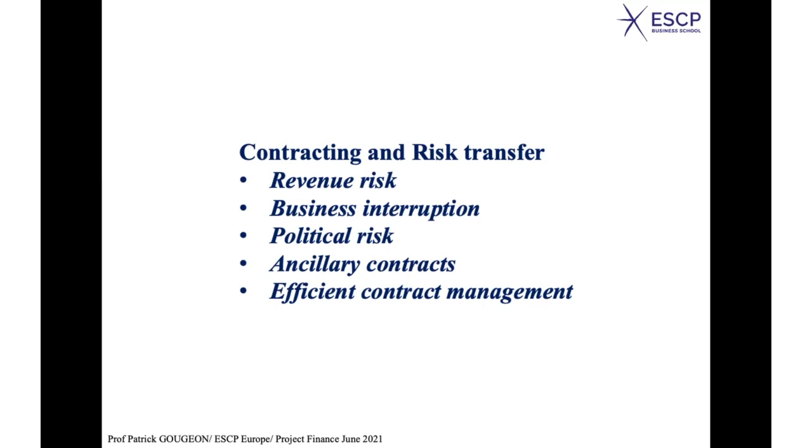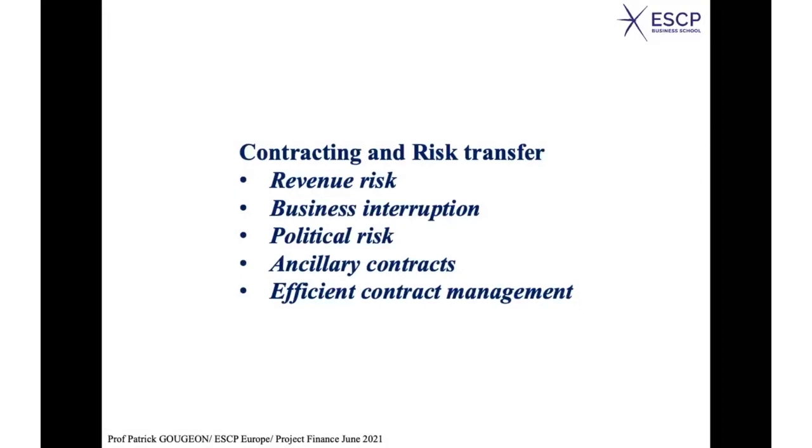So I will discuss the main types of risk. The first important risk is the revenue risk. It is important for a project, if you want to secure the cash flow, to secure the revenue. When we talk about revenue risk, I will also say a few things about the supply risk.